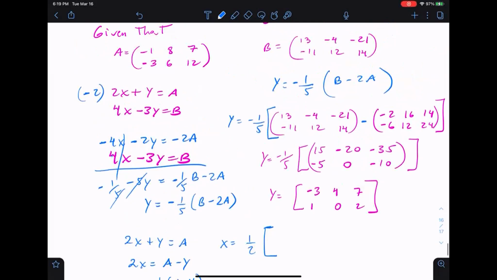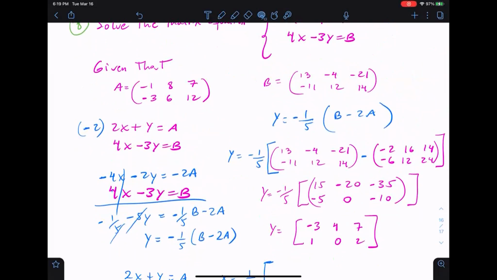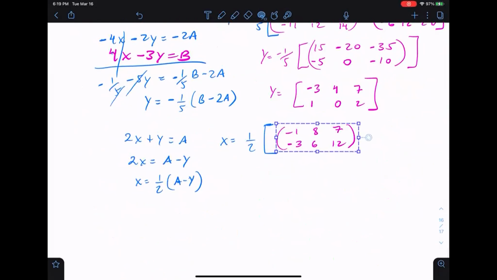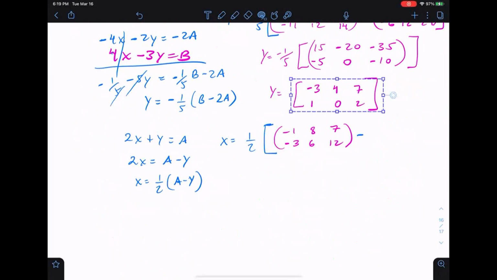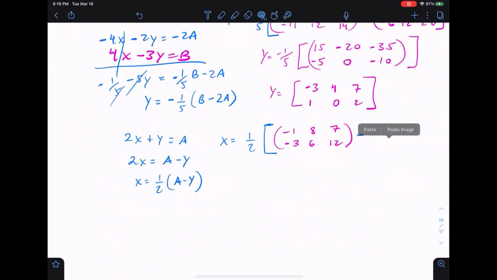So what's a? A is here. So here, a minus y. What's y? This thing right here. Now you need to just do the subtraction and then the scalar multiplication.